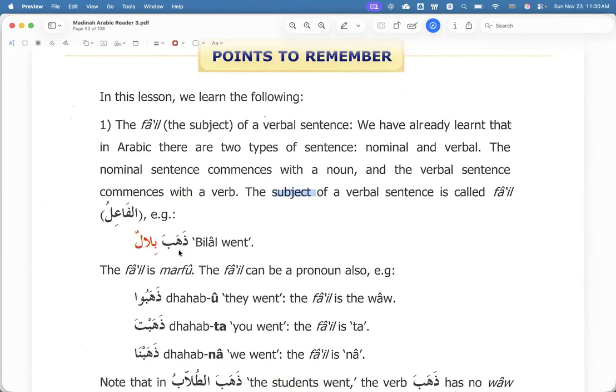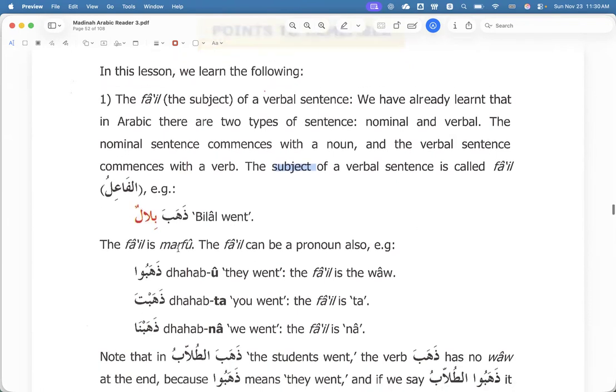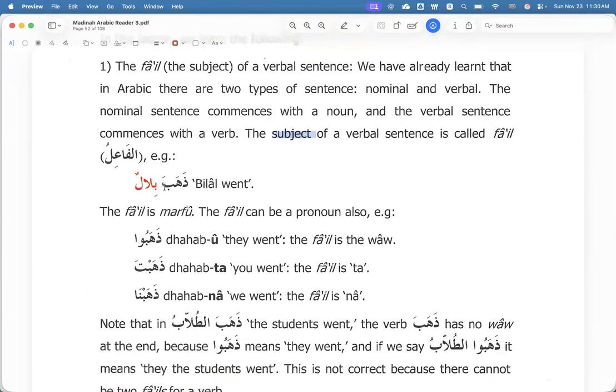Bilal went, because Bilal filled in the placeholder of the missing actor of Zahaba. Zahaba by itself means he went. So if I expose the fa'il, then I say Bilal went.